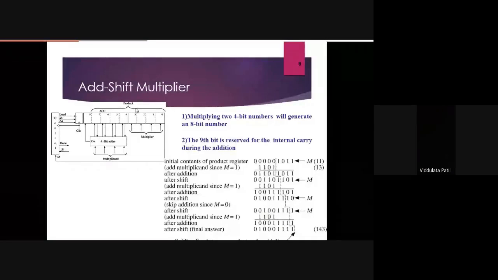So 9 in binary form will be 1001 and 10 is 1010. So this 9 is, let us say, the multiplicand and 10 is the multiplier.